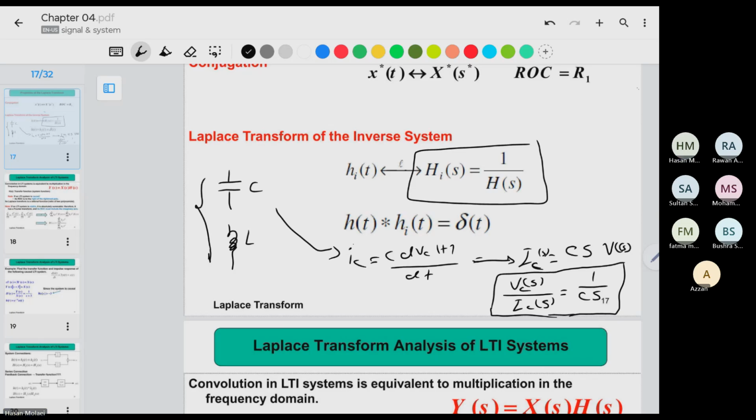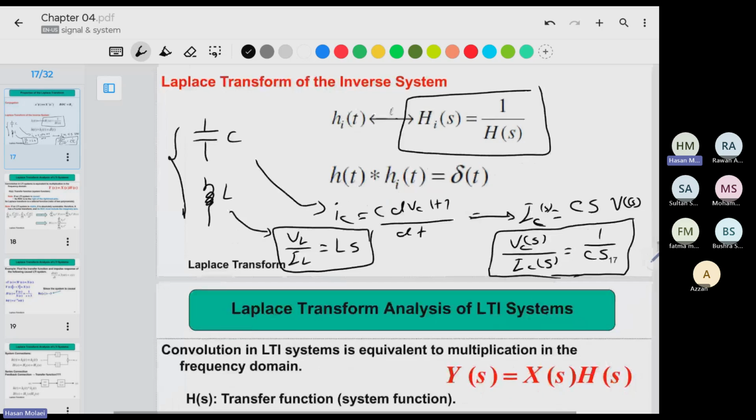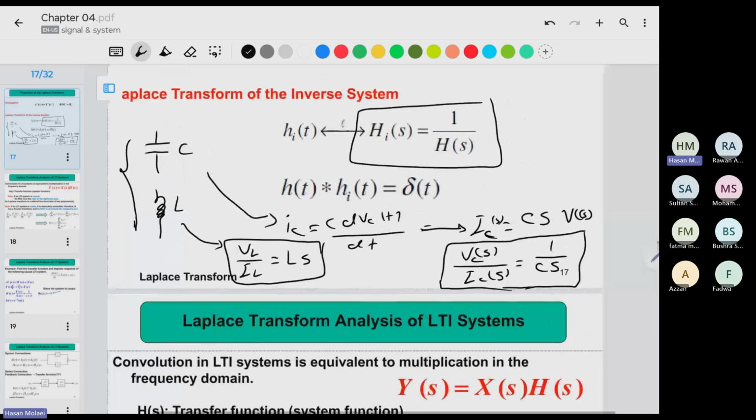For the inductor, it would be LS. If we want to move these values to the phasor domain, we just need to replace S with J.